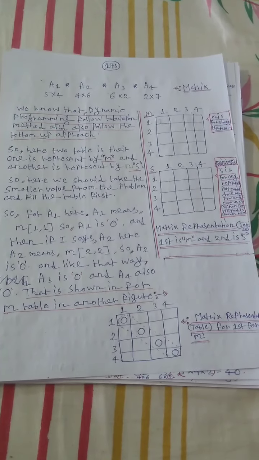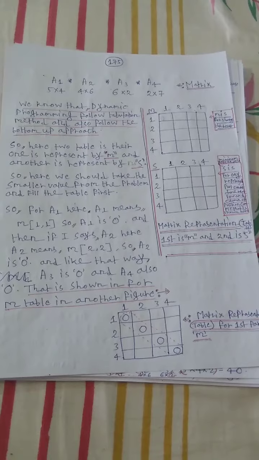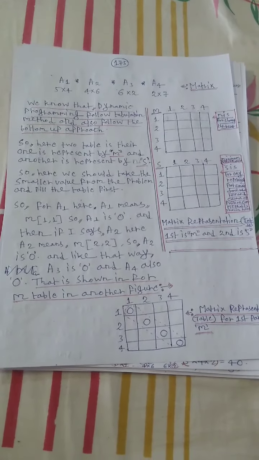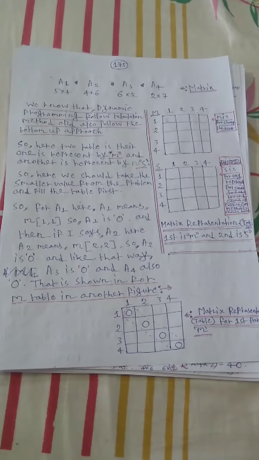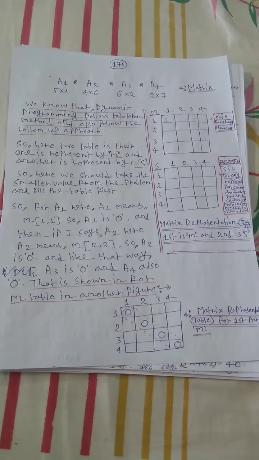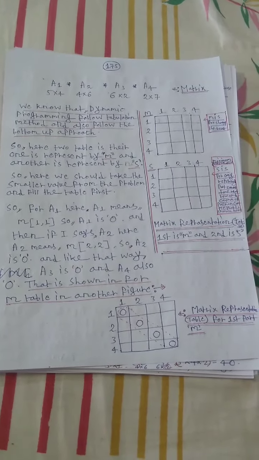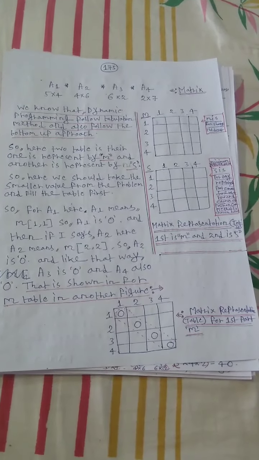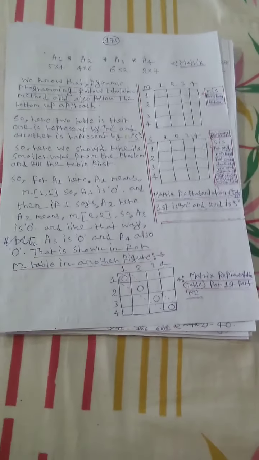At first we check A1, A2, A3 and A4. Here if we check 1 1, 2 2, 3 3 and 4 4, all are 0 because they are on the same matrix, so the cost will be 0.